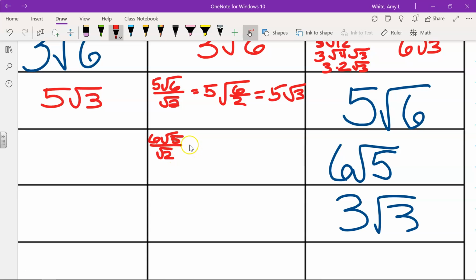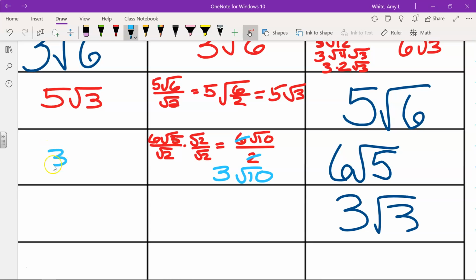So what they do instead is they multiply the numerator and the denominator by that radical. This is just a version of 1. And they would get 6 root 10 over 2. And now we can simplify the 6 and the 2 to give us 3. And our final answer would be 3 root 10.